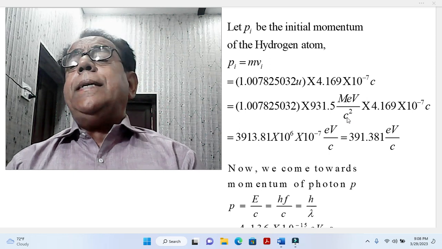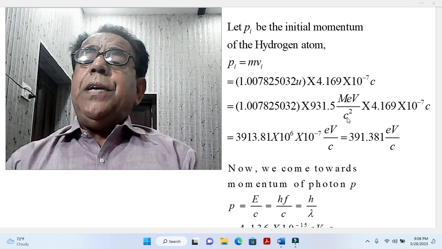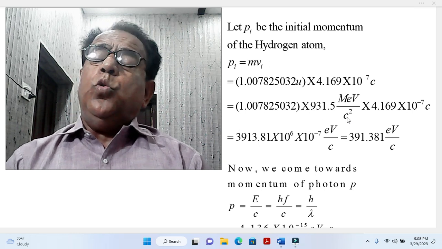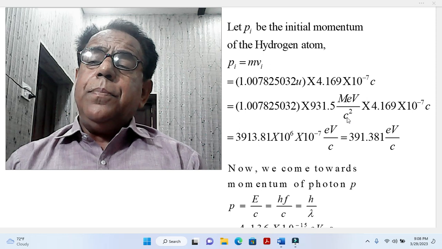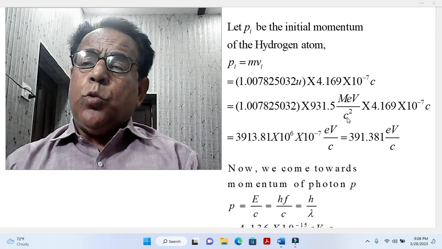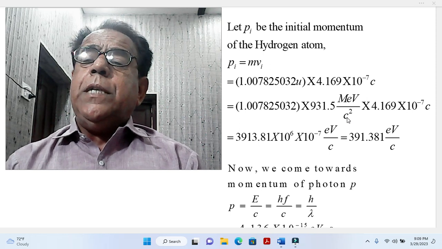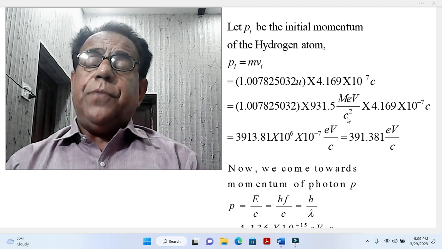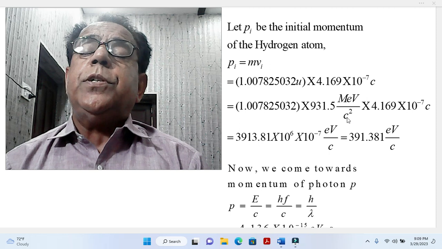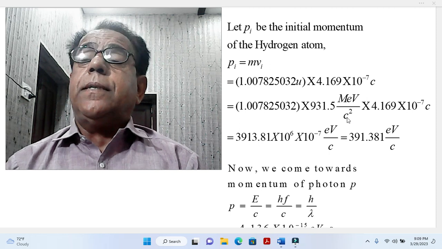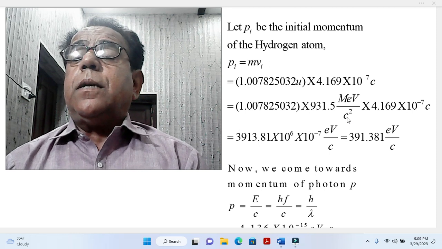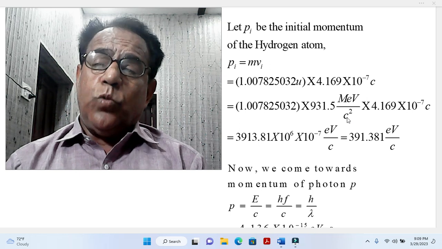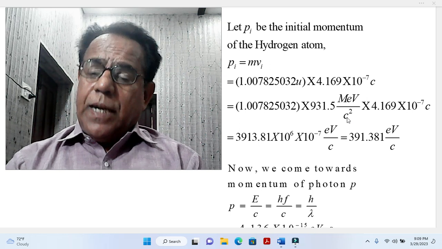In the next step we have used the value of U from the same tool or some other tool in which a table is introduced in which the value of one atomic mass unit, 1 U, is given in terms of million electron volt over c square. Okay, clear? I hope it is clear.